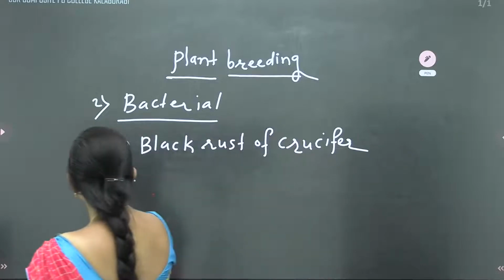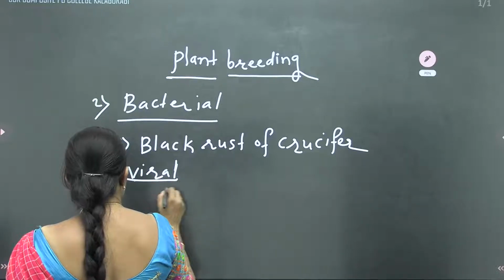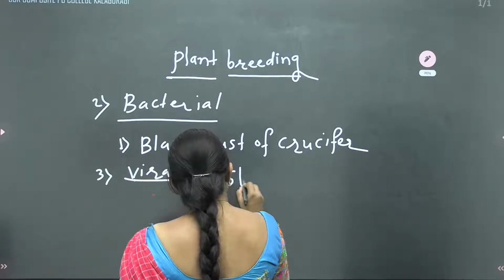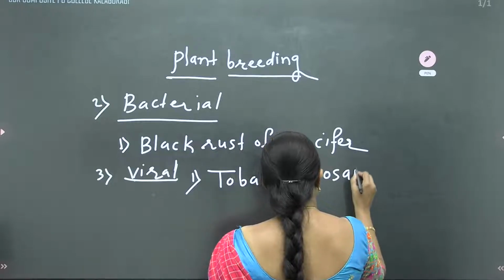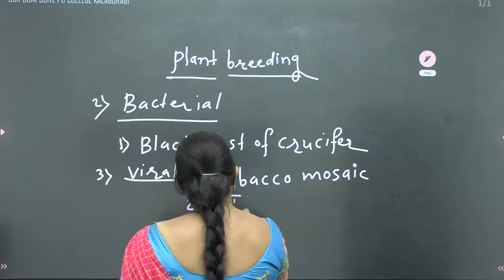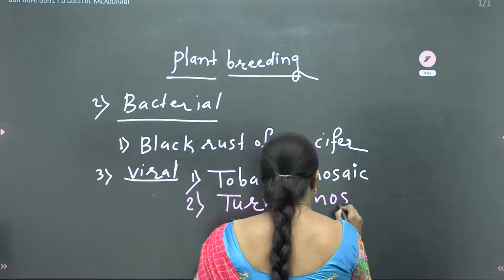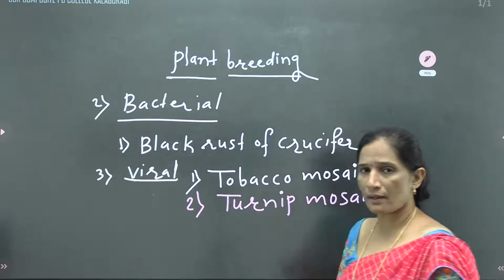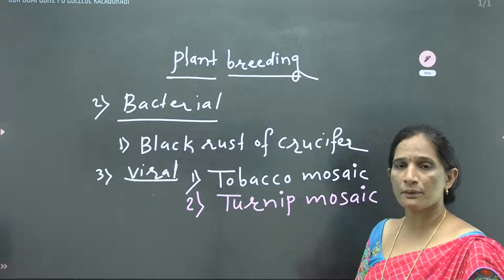And moving to the third one, the viral diseases in plants. So what are those? The first one is tobacco mosaic, and the second one is turnip mosaic. So the viral diseases in plants are tobacco mosaic and turnip mosaic.